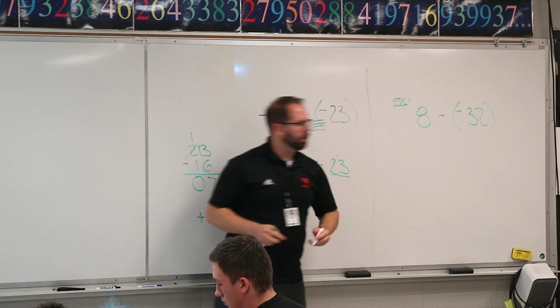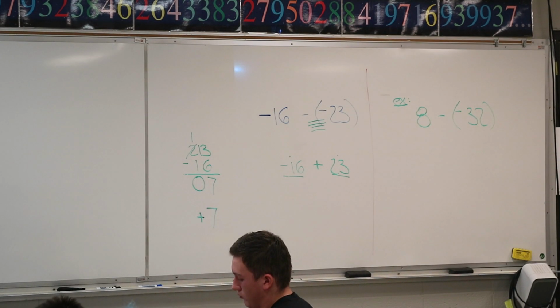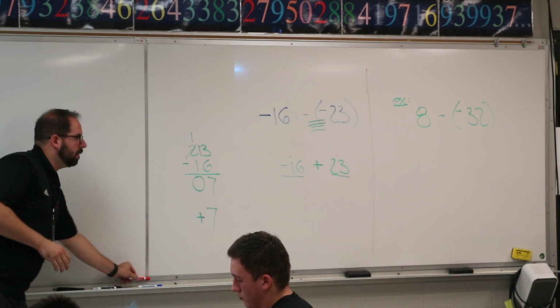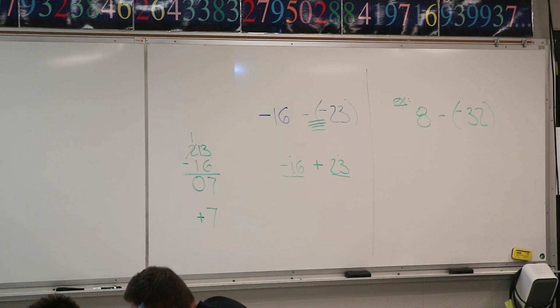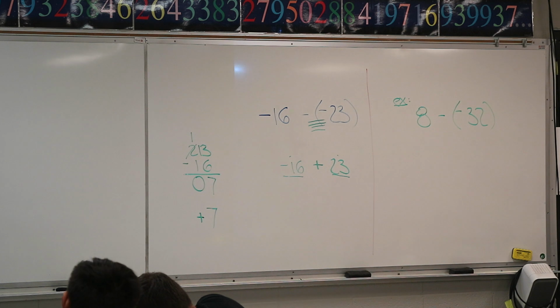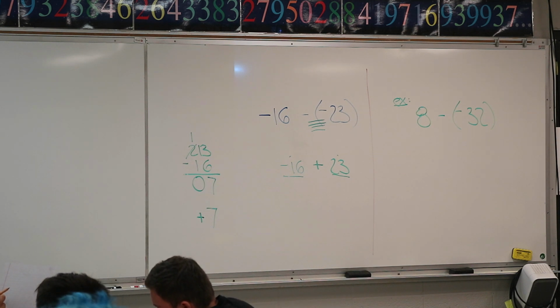So that's the problem I'd like you to do right there. Put it in your notes. I'm going to walk around when you have it. I'm just going to check to make sure I can see the actual work here. I'm not saying right or wrong, I just want to see what you're doing.